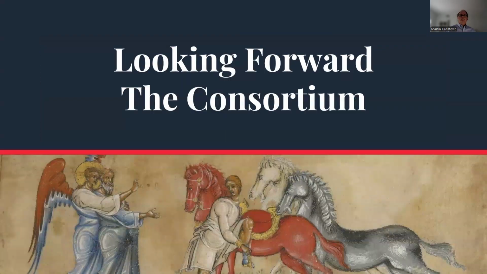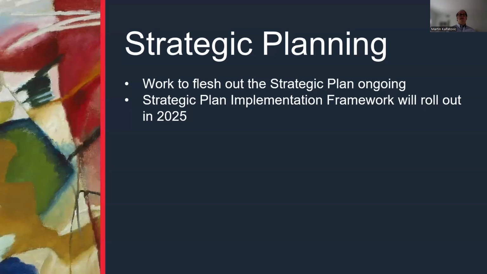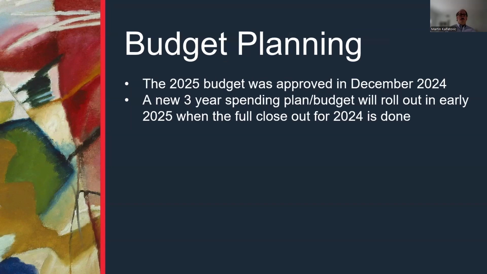Now, looking forward to the consortium, there are a number of things that we'll be working on. The first is evaluating and amplifying our strategic planning to flesh out this ongoing strategic plan, and then also to roll out that framework in 2025. I'm also working on budget planning to help improve the financial stability of IIIF, and also working on a multi-year spending plan that will roll out in 2025.